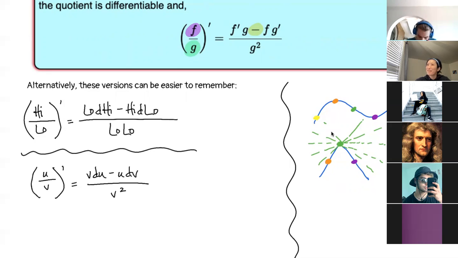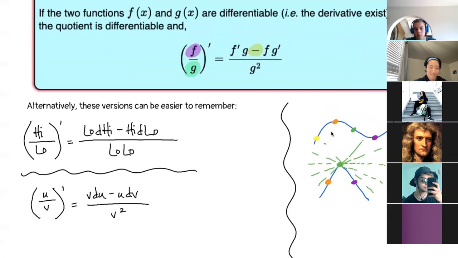I'm sure with the creative minds in this group that you could find one that is much more clever than what we have here. So have some fun with it. See if you can find some ways to make things sticky for yourselves, okay? But these are just a couple alternatives.